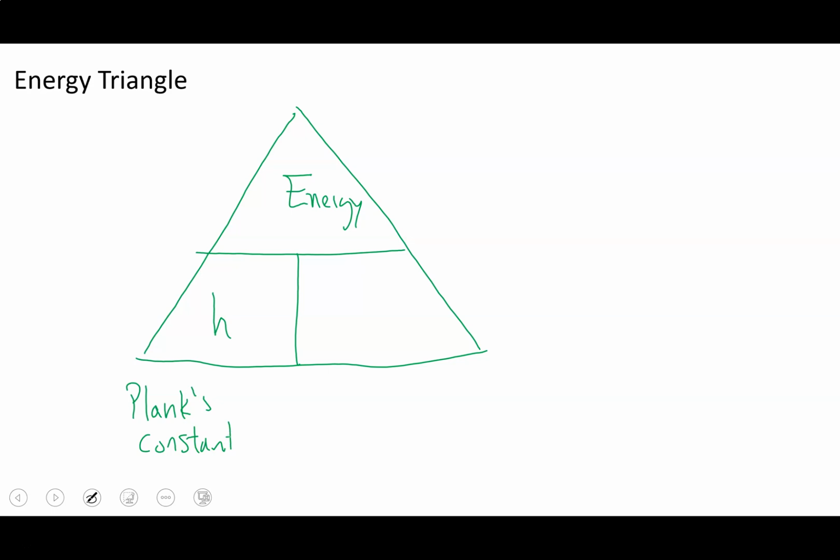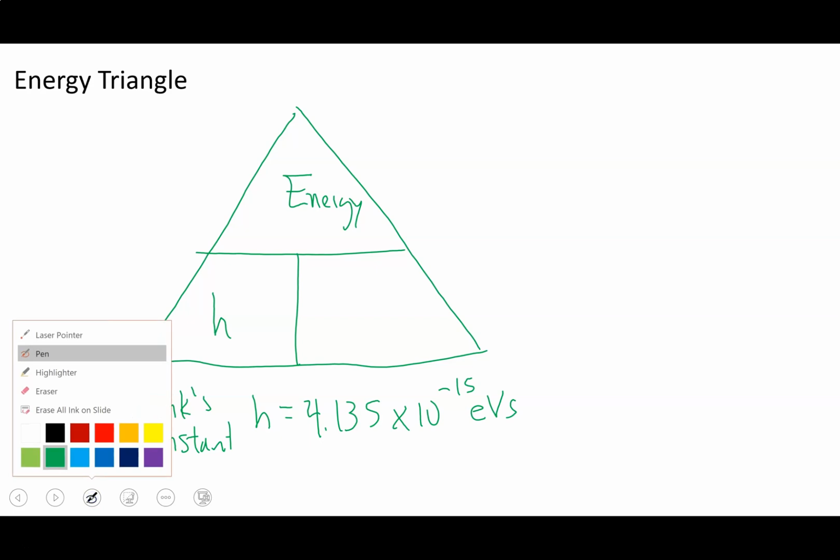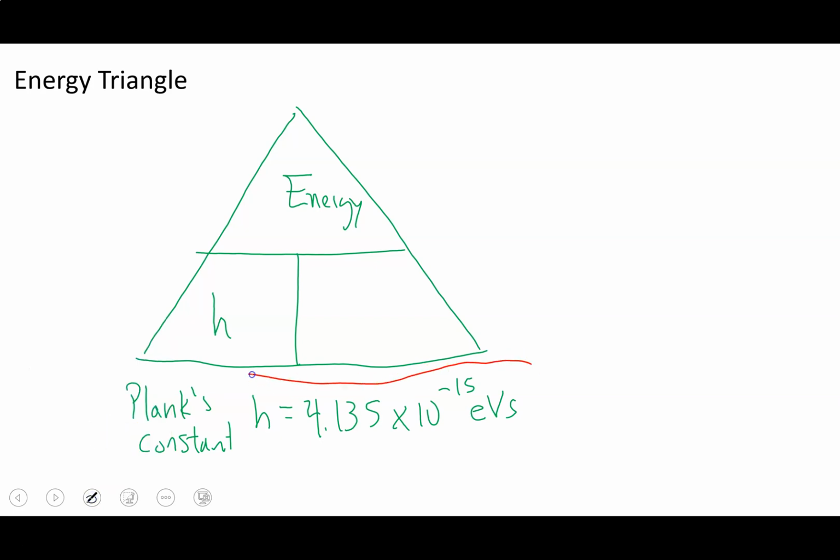And this value never changes. So h is always equal to 4.135 times 10 to the negative 15th electron volt seconds. So that's a constant value. Okay, it's important that you realize that this is going to be a constant value that never changes. And so that's this corner of this triangle.